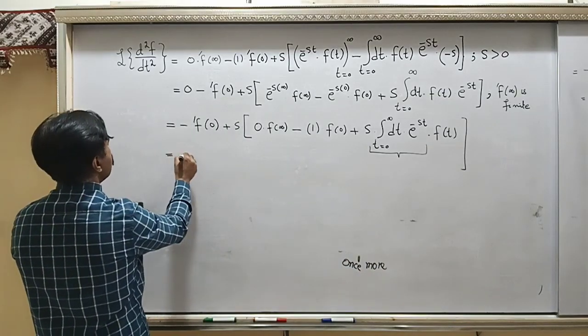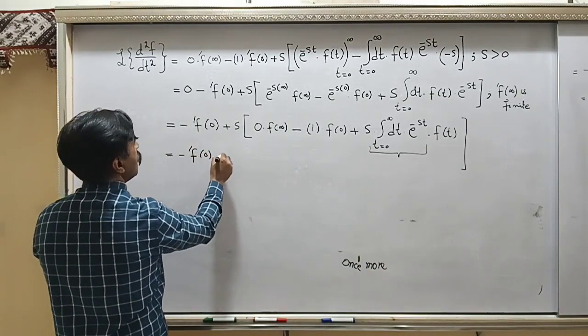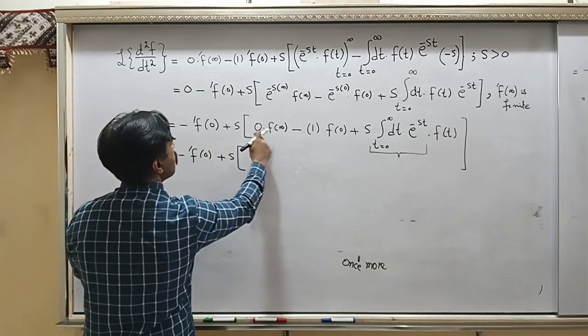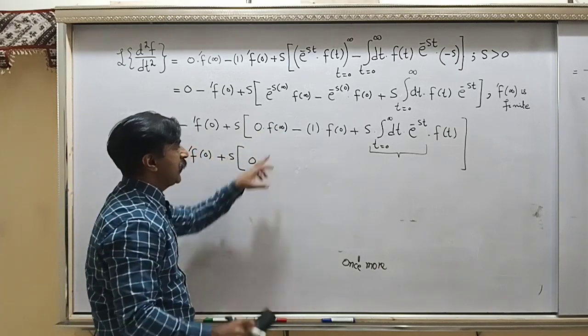Now this is minus f prime 0 plus s, and this is 0 because f infinity is finite.